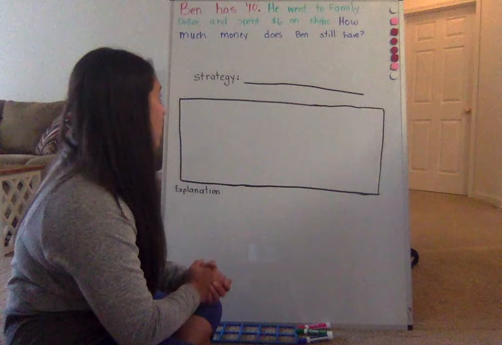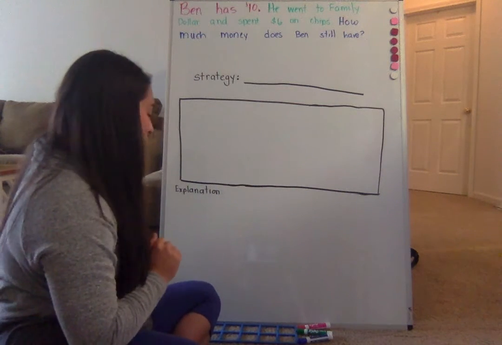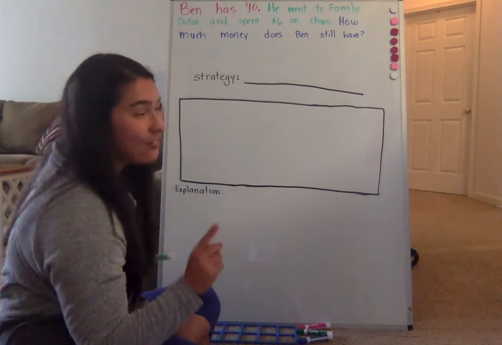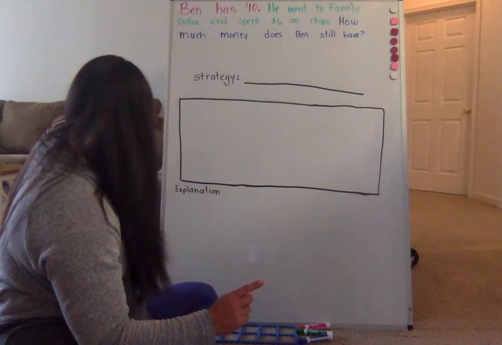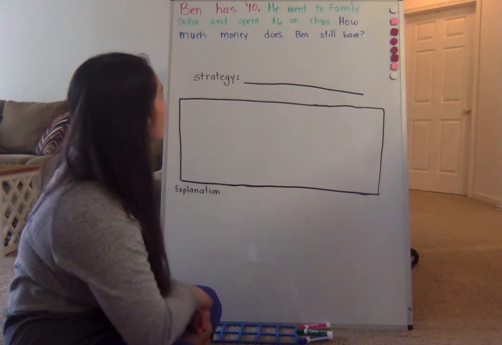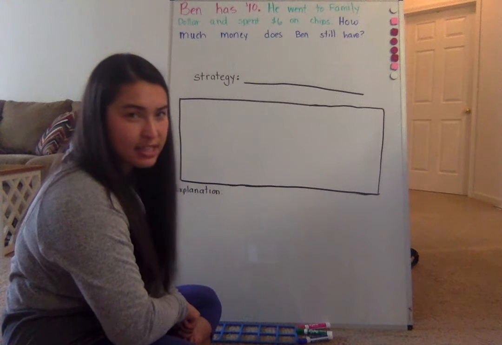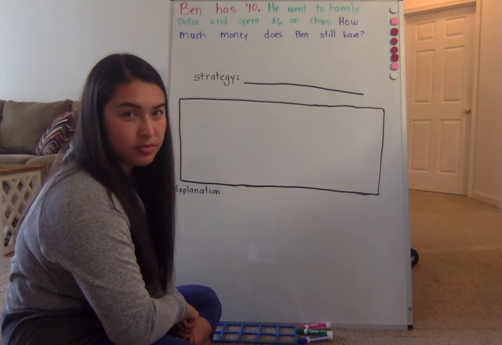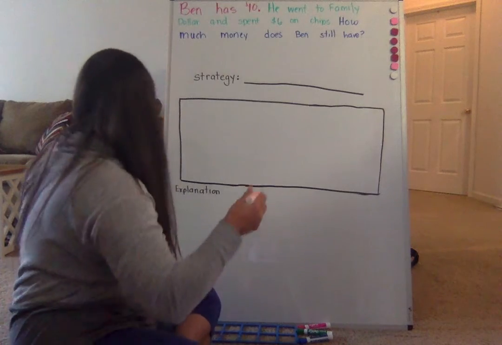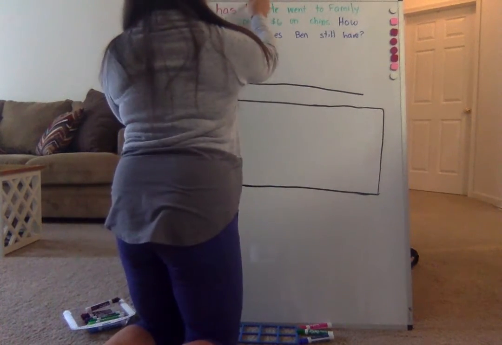So let's go ahead and start with our math story problem and figure out what important information we need to circle. Ben has $10. What in that sentence should I circle? 10. Yeah, because Ben has $10.